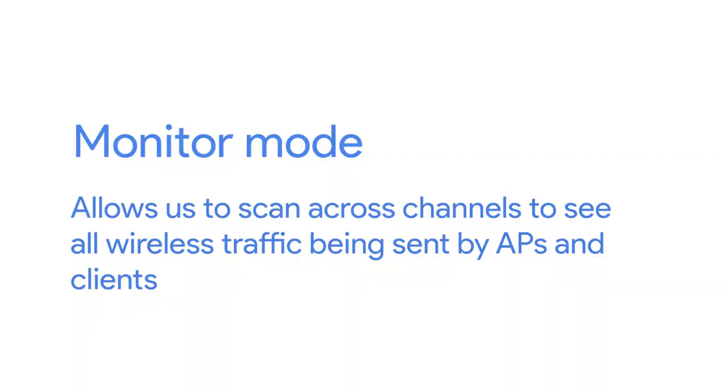Monitor mode allows us to scan across channels to see all wireless traffic being sent by APs and clients. It doesn't matter what networks they're intended for, and it wouldn't require the client device to be associated or connected to any wireless network. To capture wireless traffic, all you need is an interface placed into monitor mode.